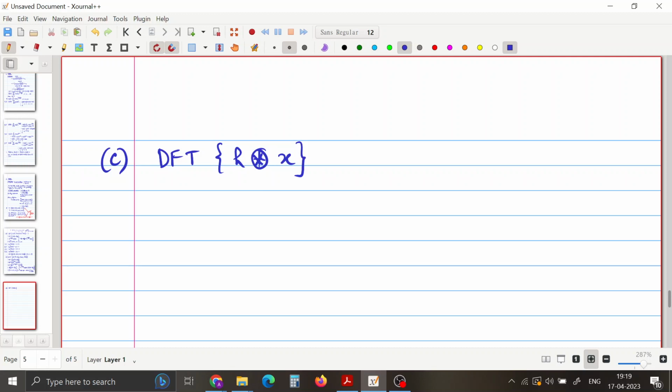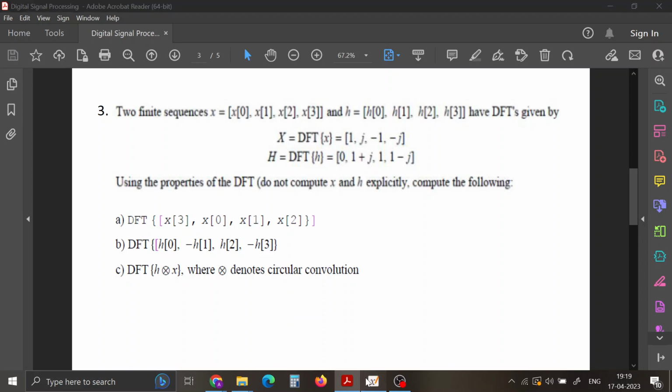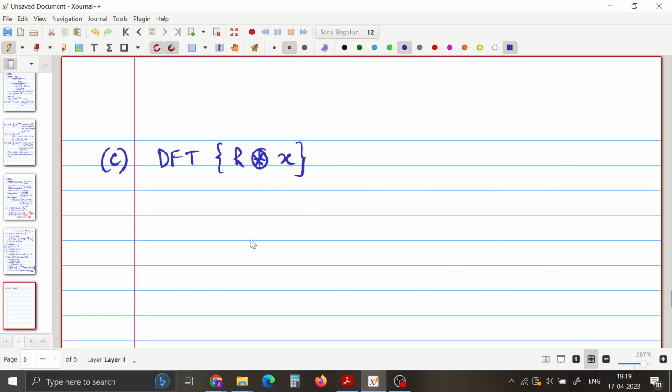So I'll stick to that. In this question the notation is slightly different, it looks like a tensor product, a cross inside a circle, but it's almost the same. So this is circular convolution. Let me write it also.